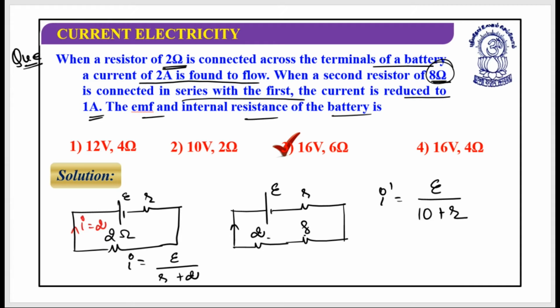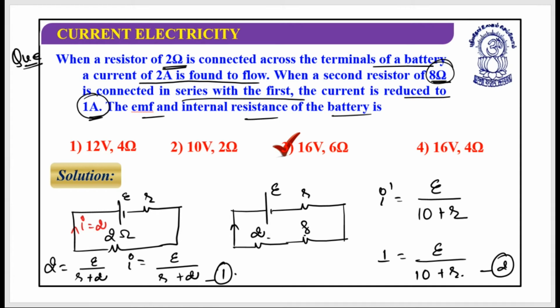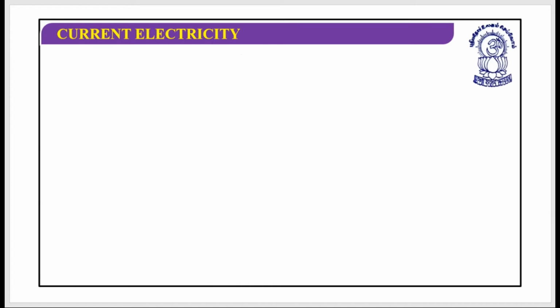So what I have is 2 is equal to E divided by R plus 2, and here the current is found to be 1 ampere only, so 1 is equal to E divided by 10 plus R. Yes, this is relation number 1, this is relation number 2. So let's just try to solve it. 2 is equal to E divided by R plus 2.